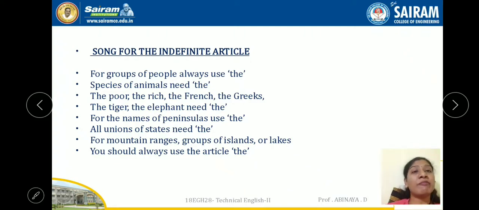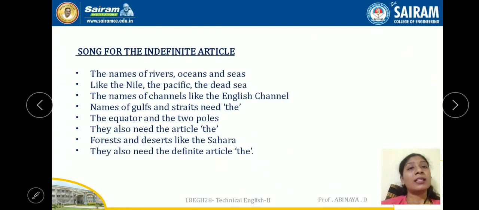For the names of peninsulas, use the. All unions of states need the. For mountain ranges, groups of islands or lakes, you should always use the article the. The names of rivers, oceans and seas like the Nile, the Pacific, the Dead Sea. The names of channels like the English Channel.